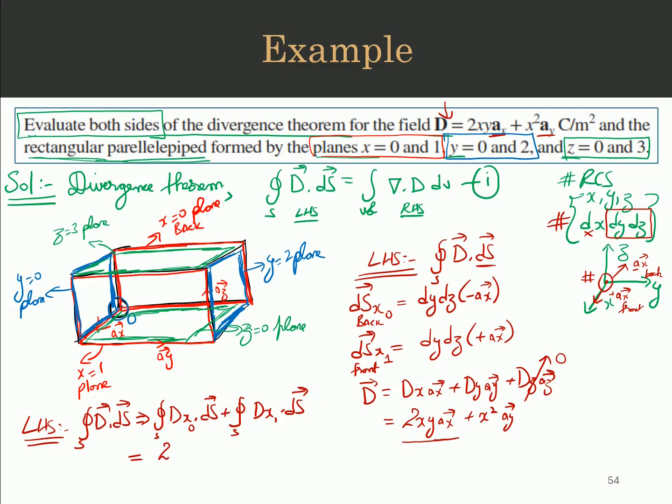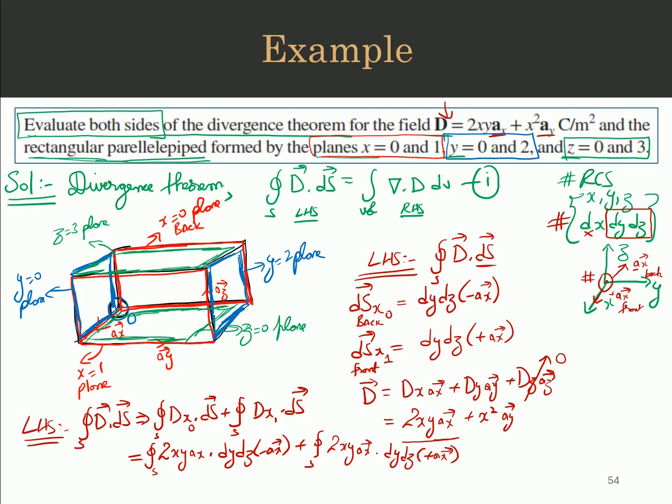So 2xy a of x, I'm not going to integrate at the moment, I'm just inputting the value, dot what is dS? So dS back is dy dz minus a of x, then plus the other value, Dx, it is going to be 2xy a of x with dy dz with positive a of x.